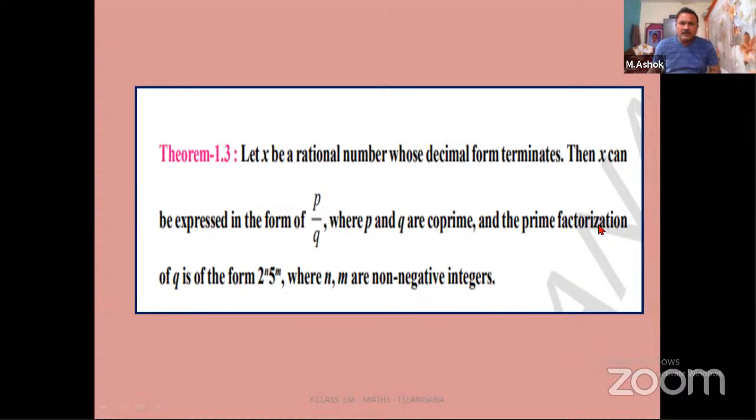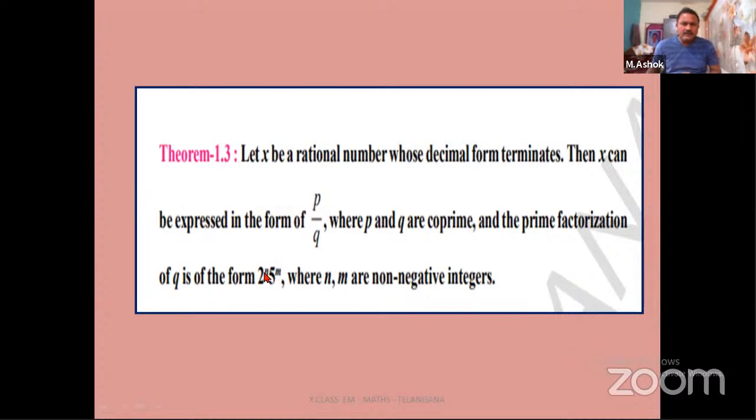And the prime factorization of q is of the form 2 to the power of n and 5 to the power of m. Either 2 power or 5 power or both will come in the denominator.